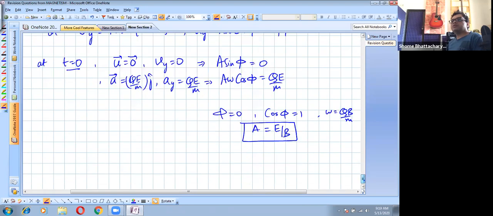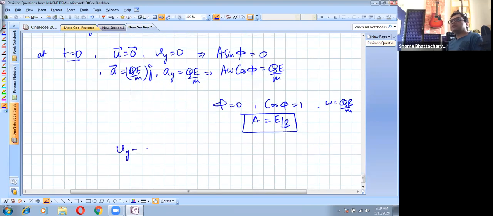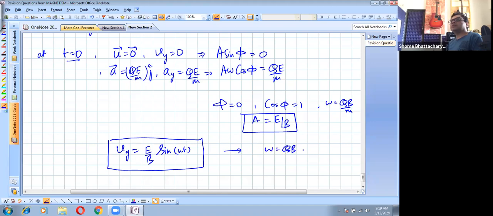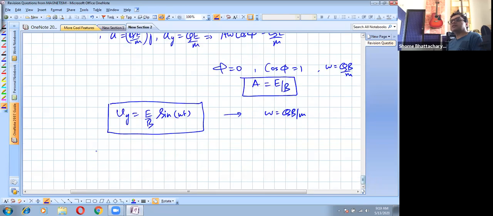So now we got the complete picture about the velocity's y component. We can see Vy is equal to E by B into sine omega t as a function of time, where omega is QB by M. And by integrating this, we will get the y component of displacement also as, so sine omega t's integration will become minus cos omega t, like that.